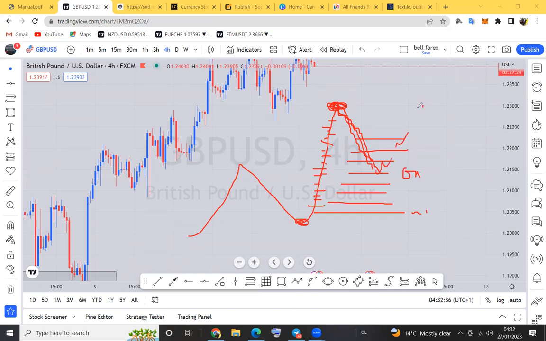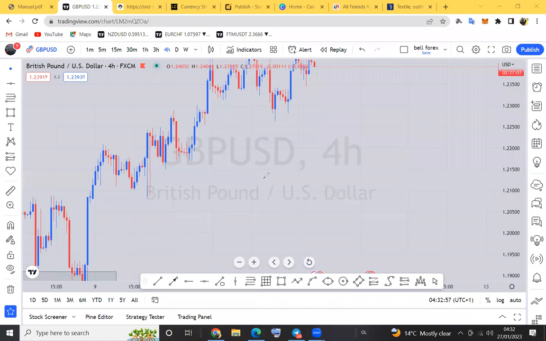So in most cases, we'll use this method with confluence to other factors. Confluence means joining two factors together, or joining two parameters together, to be able to make a decision. Okay, so here, for example, I have a market that goes from this bottom to this top.